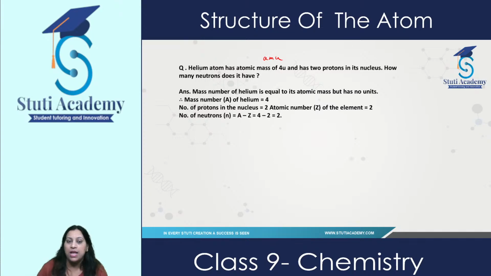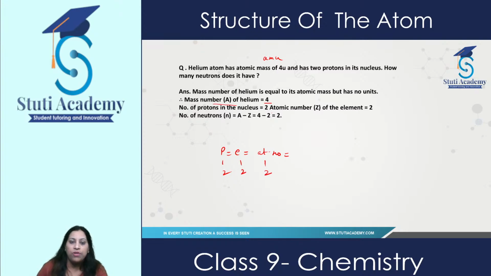So it means mass number of helium is equal to 4. And number of protons in the nucleus is 2. So its atomic number is also 2. As we know that protons is equal to electrons is equal to atomic number. So if proton is 2, electron is also 2, atomic number is also 2.